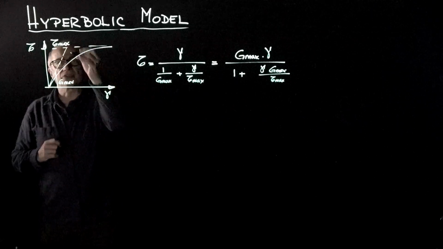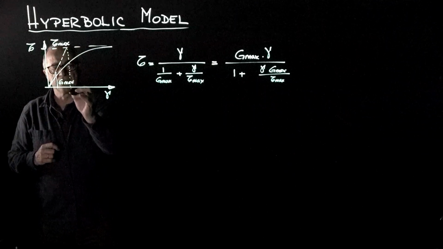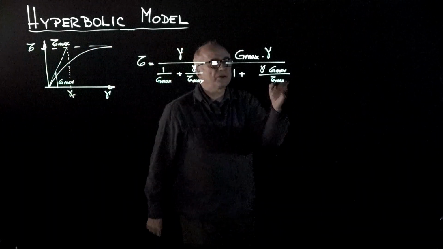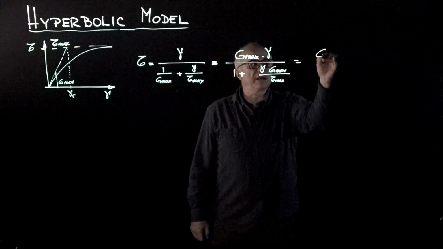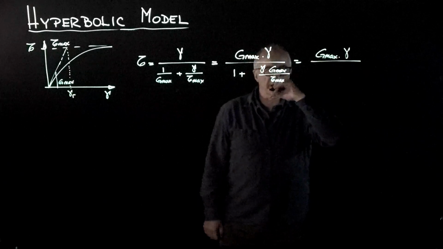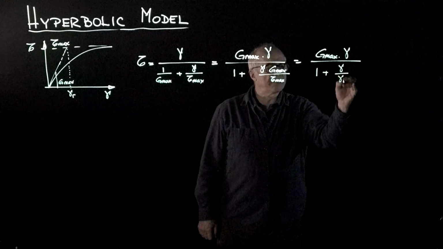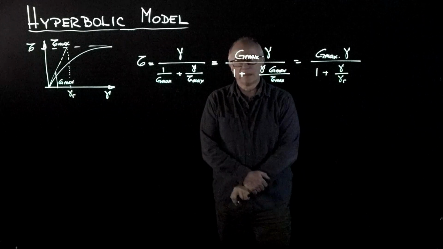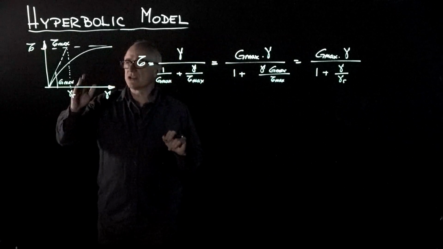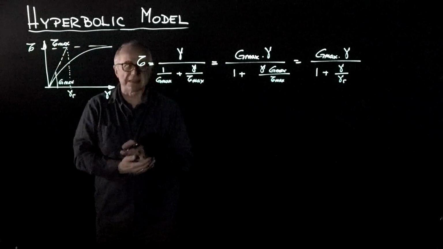So tau max over Gmax is this value here of a strain, which we are going to call reference strain. And so this is going to be equal to Gmax times the shear strain divided by 1 plus gamma over gamma reference. This is not a threshold strain. This is just the ratio between the ultimate shear strength and the maximum shear stiffness.